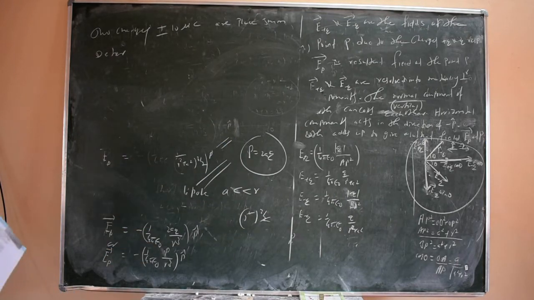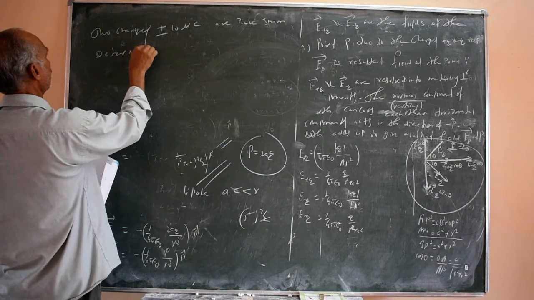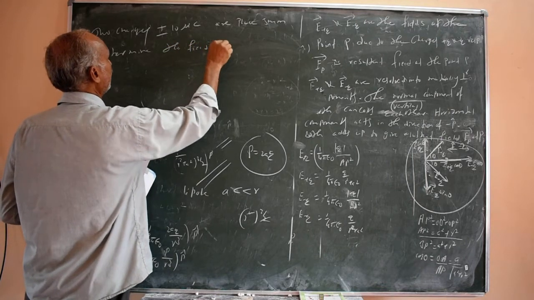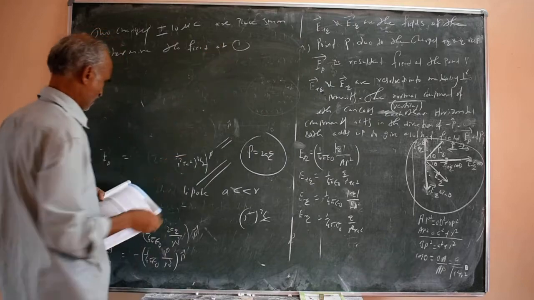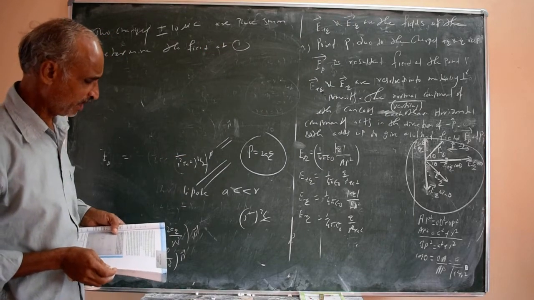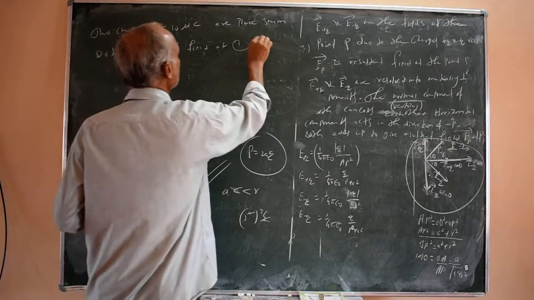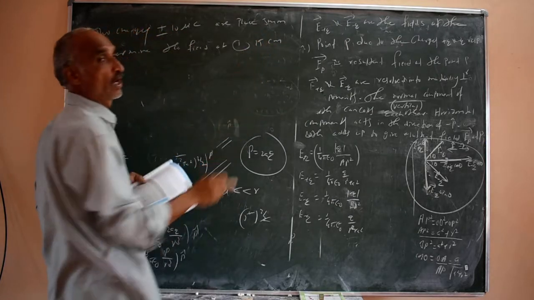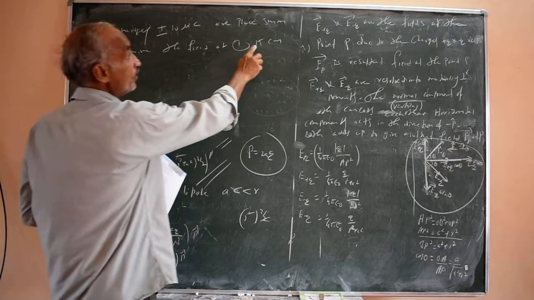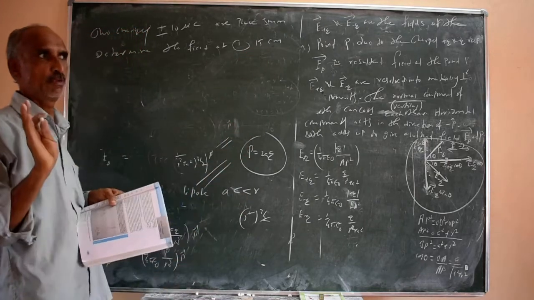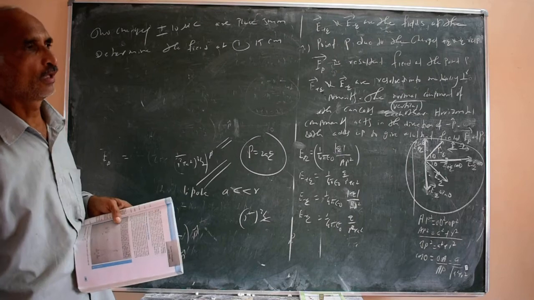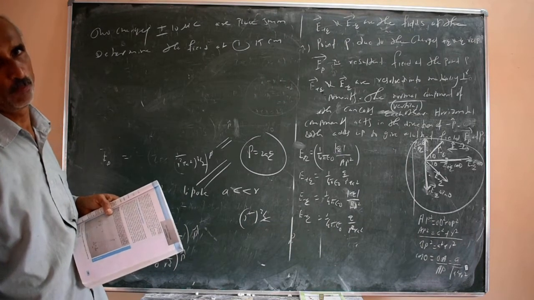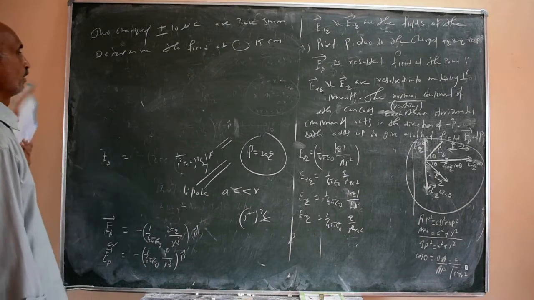Determine the field, first at 15 centimeter away from the center O. Here a is 2.5 millimeter and r is 15 centimeter, which is far bigger than 2.5 millimeter. Therefore, the short dipole formula should be taken.